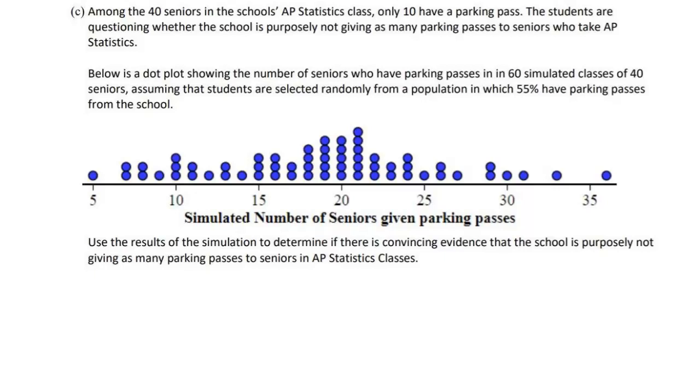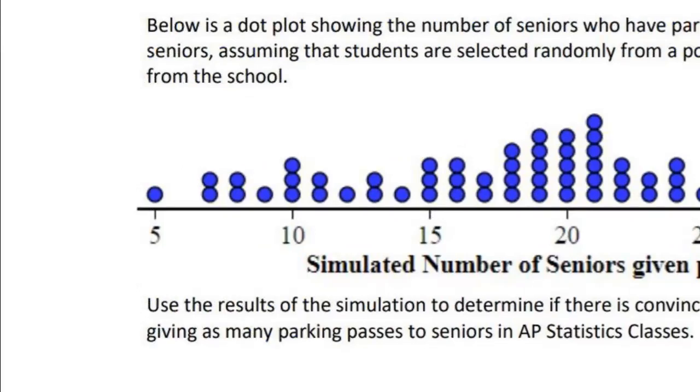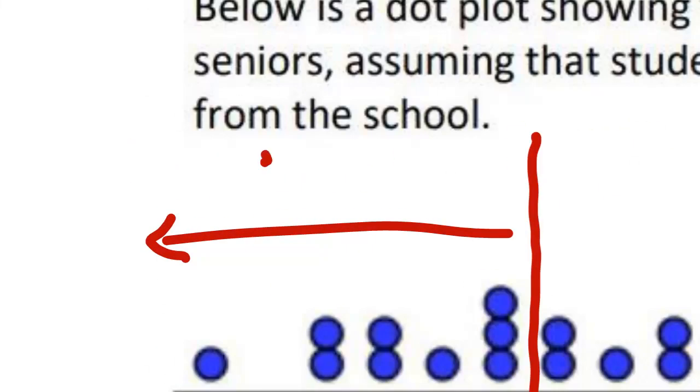So of the 40 seniors in the school's AP statistics classes, how many have parking passes? 10. Well, here's 10 on my dot plot. I'm going to count 10 and everything more extreme, so everything less than that. How many dots do we have over there? 9. Out of how many did we say were simulated? How many times did they run this simulation? 60.